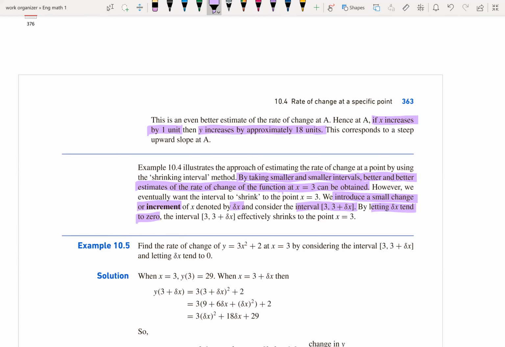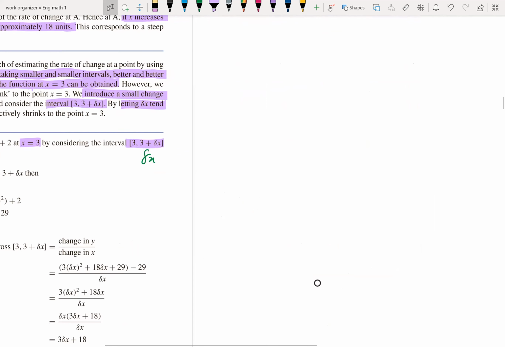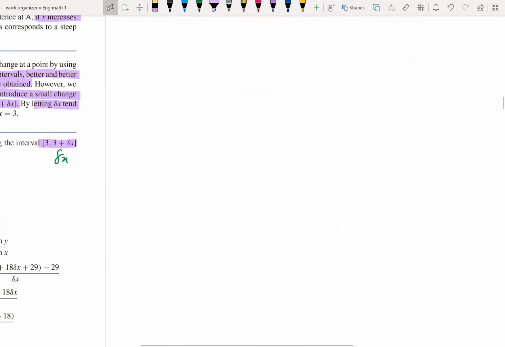Next is Example 10.5. We have to find the rate of change of y for this function at x equals 3, using delta x. Let's do it.